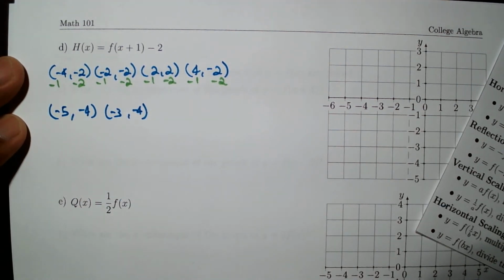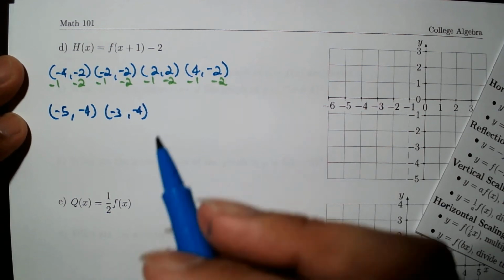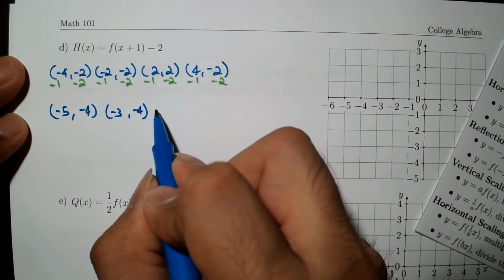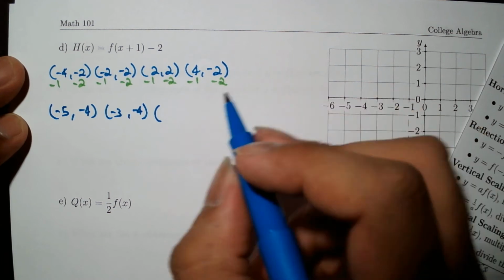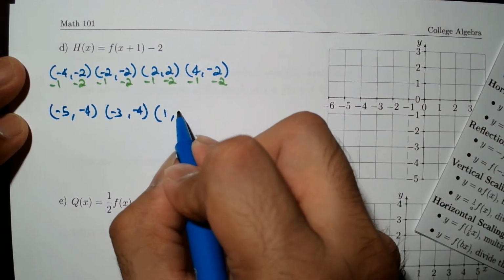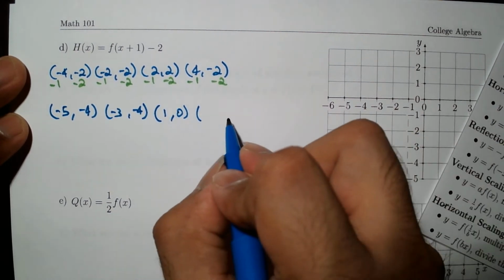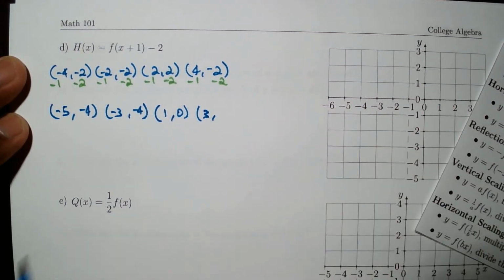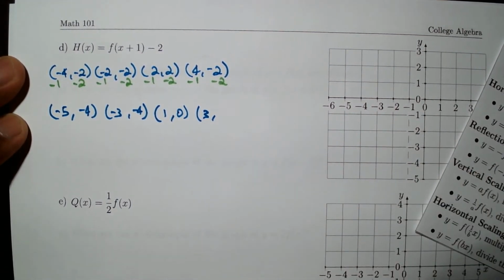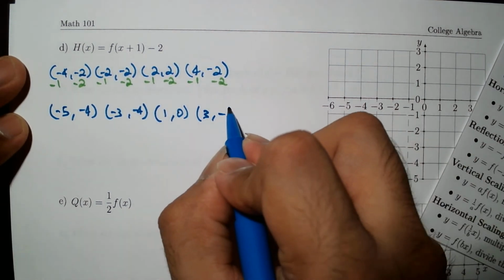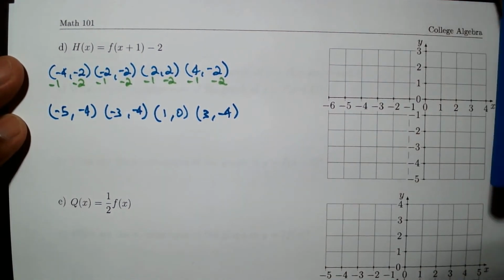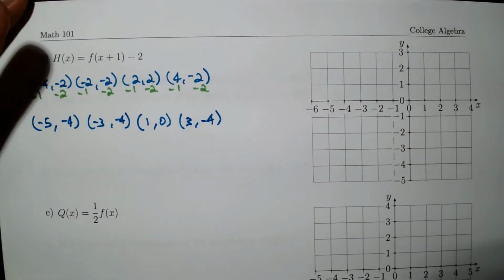Okay. And then 2 minus 1, that's going to be 1. 2 minus 2, that's going to be 0. And then 4 minus 1, that's going to be 3. And negative 2 minus 2, that's going to give us negative 4. So this is what we are going to obtain.